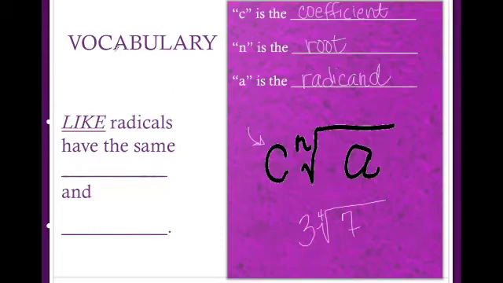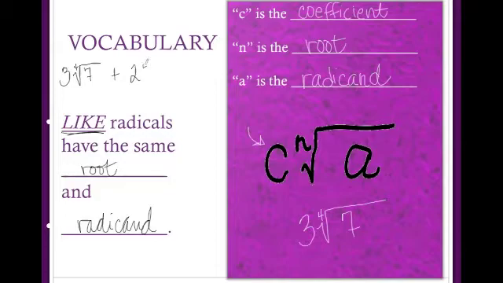For two of these radical expressions to be like, they must have the same root and the same radicand. So, for example, if you had 3 fourth root 7, you could add that to 2 fourth root 7 so that you had 5 fourth root 7.